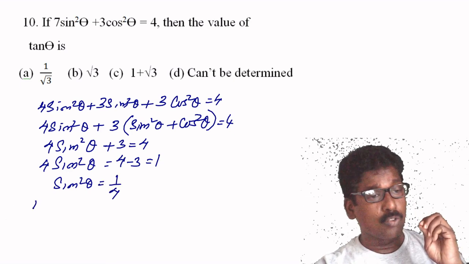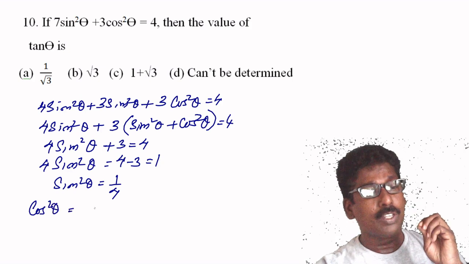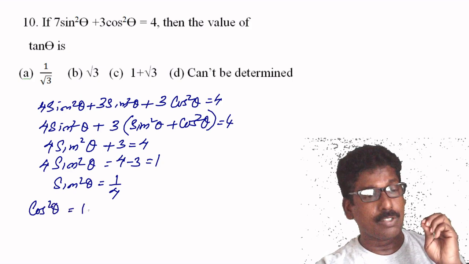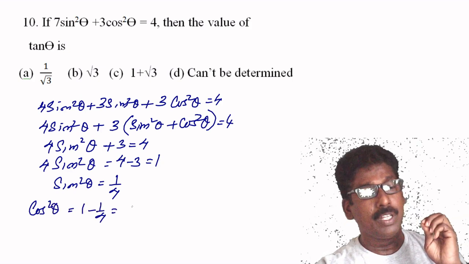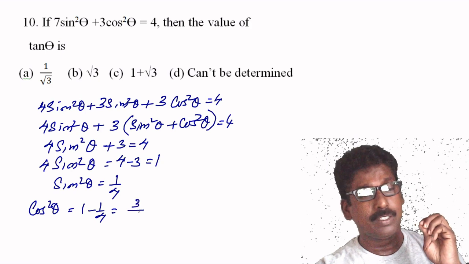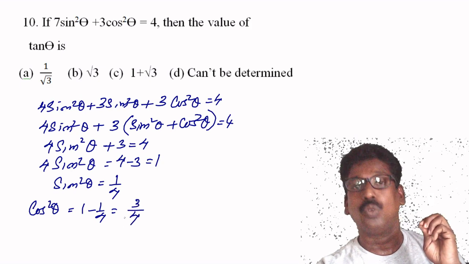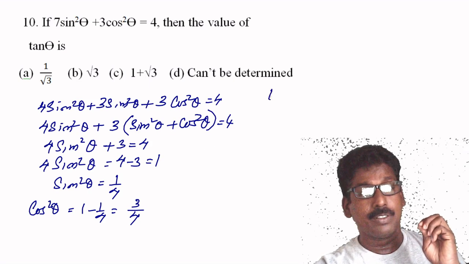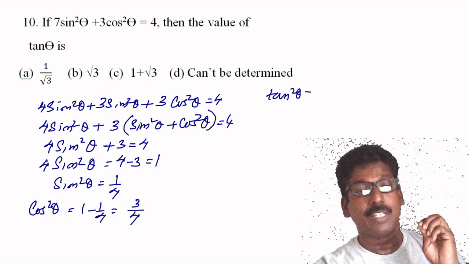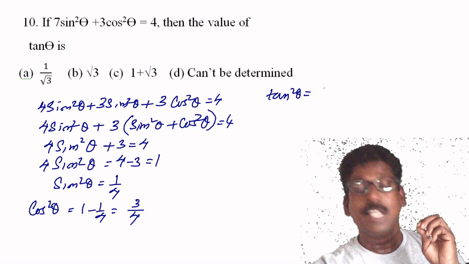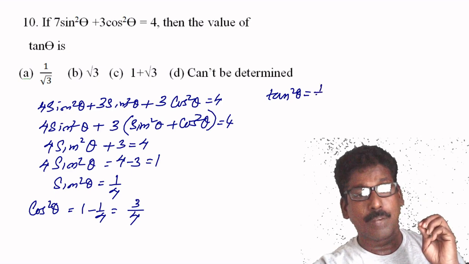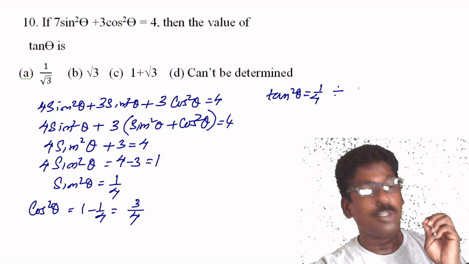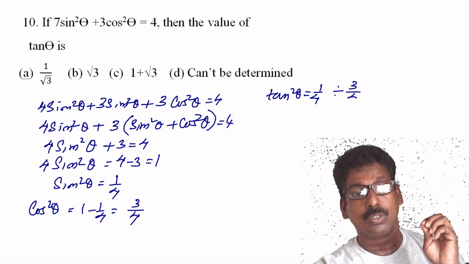Now what is cos square theta? Cos square theta is 1 minus sin square theta. So 1 minus 1 by 4, which is equal to 4 minus 1, 3 by 4. Now if it is so, you can find out tan square theta. Tan square theta is sin square theta, that is 1 by 4 divided by cos square theta, 3 by 4.